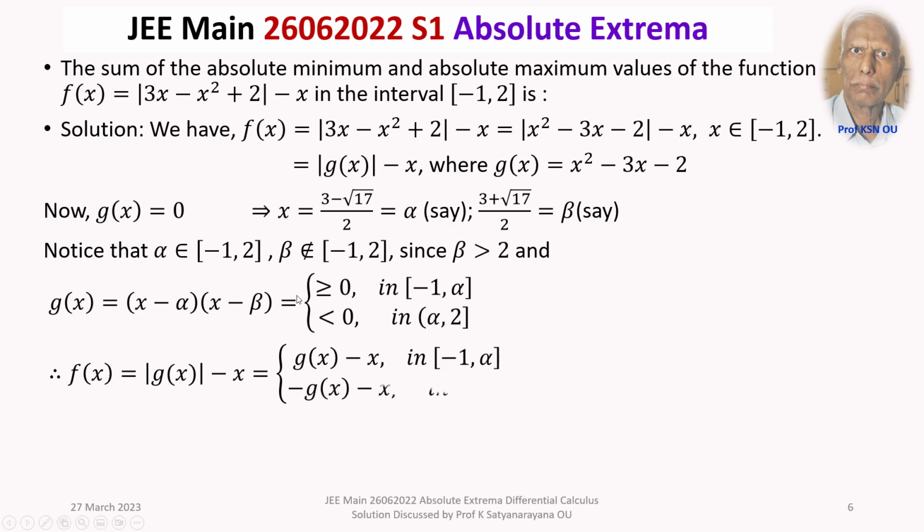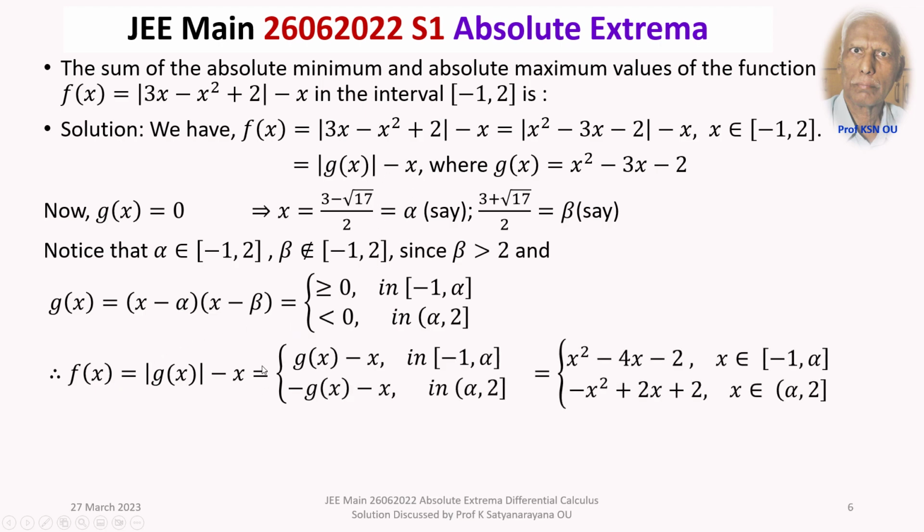Therefore, f of x is equal to mod g of x minus x, which is g of x minus x in minus 1 to alpha, and in alpha to 2, mod g of x is minus g of x, minus x.